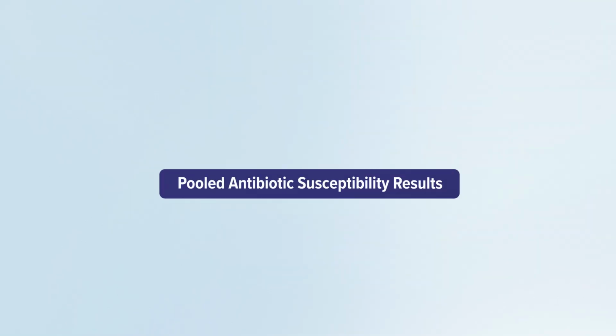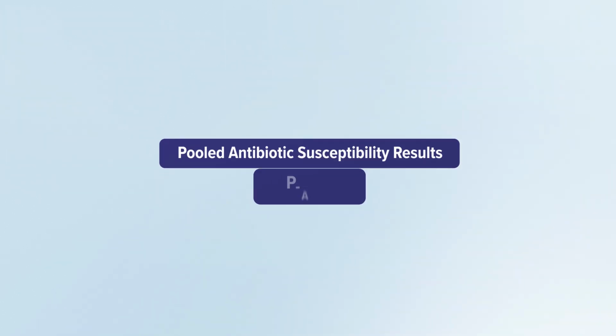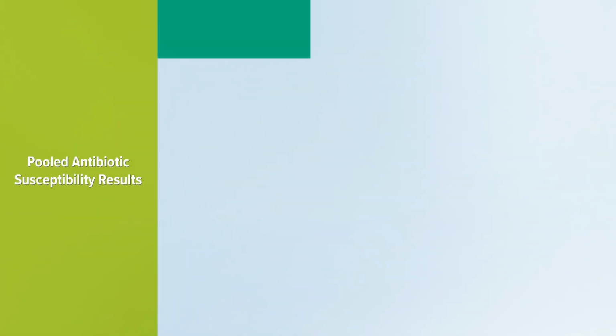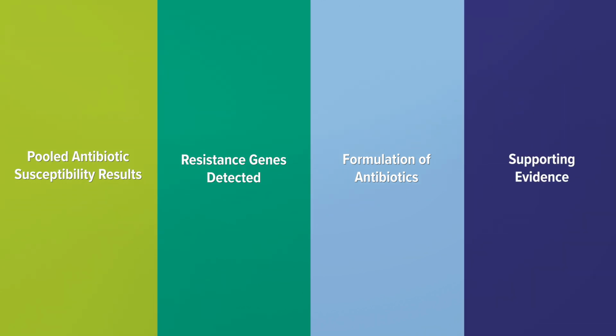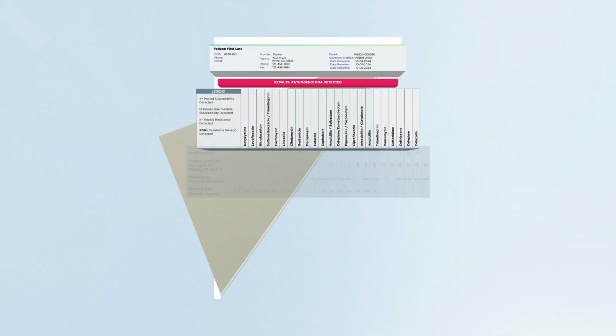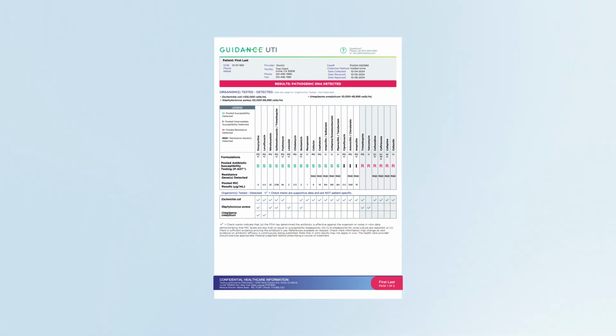Factors considered include pooled antibiotic susceptibility results, or PAST, resistance genes detected, formulation of antibiotics, and what supporting evidence is present for antibiotic use in the organisms reported. PAST, or pooled antibiotic susceptibility testing, is unique to Guidance UTI and Guidance Prostatitis and tests susceptibility of the pool of organisms in urine.